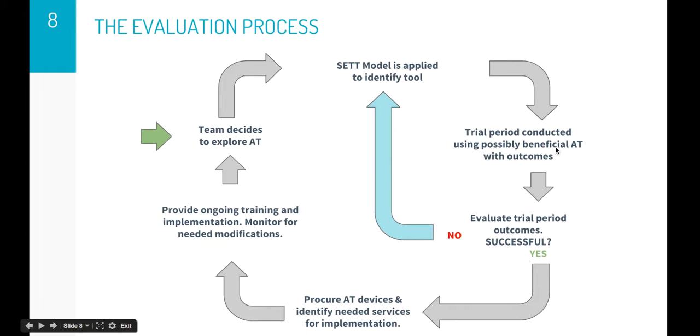The team will then try a trial period with a device or a tool or a strategy, and then come back and reassess. Was it effective? Did it help the student? If it wasn't, then they might go through this process again to try and identify a different tool. Or if it was successful, they will go through the process of trying to procure a device either within the school, or they may need to reach out to the district or central offices for device procurement.